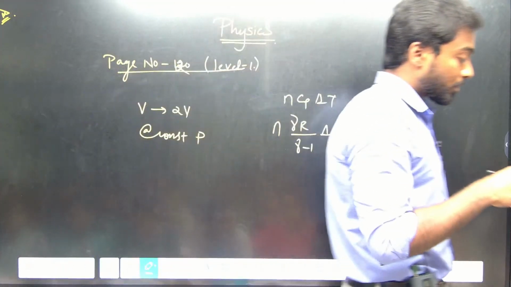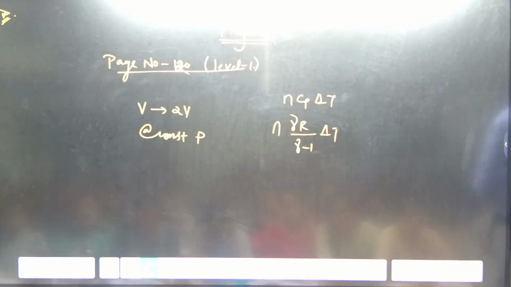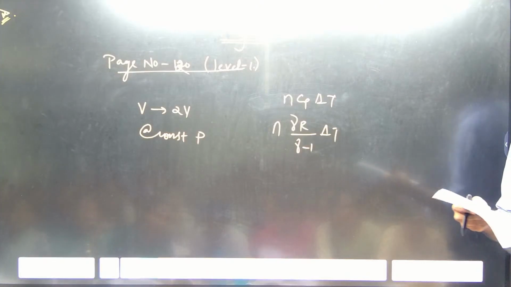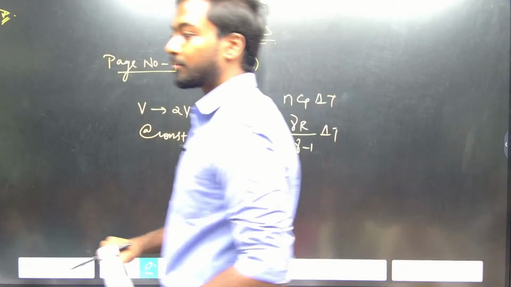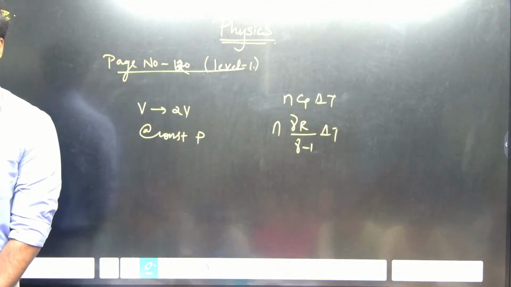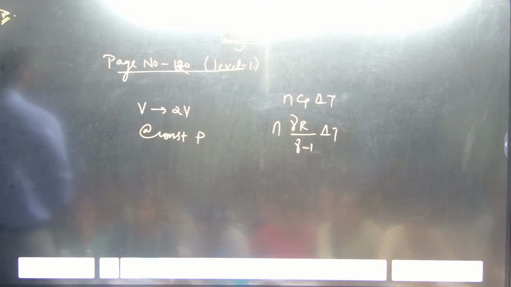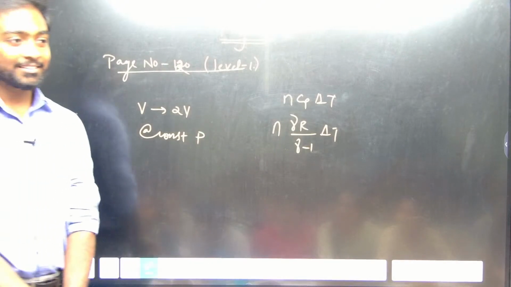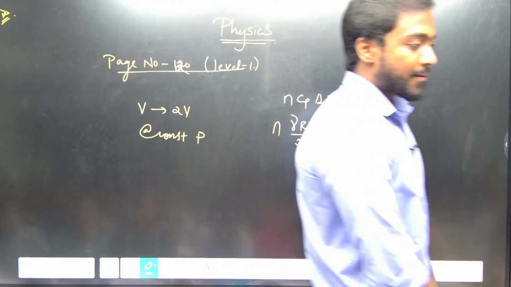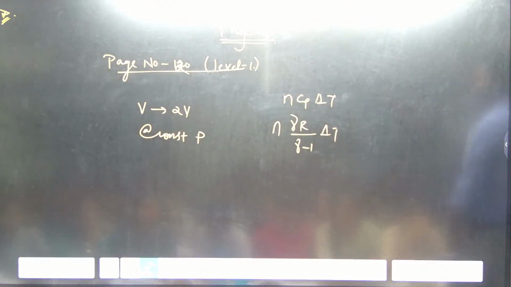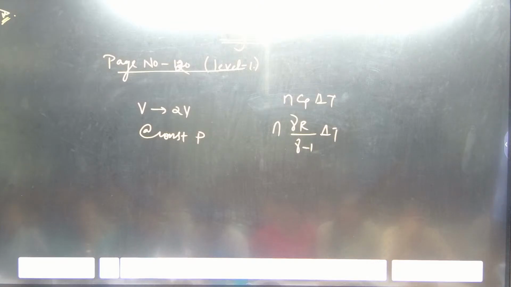Now what about n R delta T? PV is equal to n R delta T, no? Yes or no? Then work done in terms of pressure and volume is P into delta V. Then substitute the values.